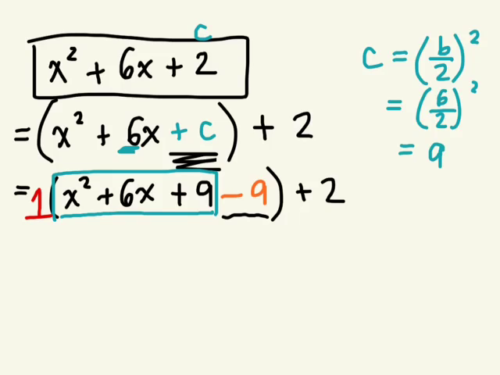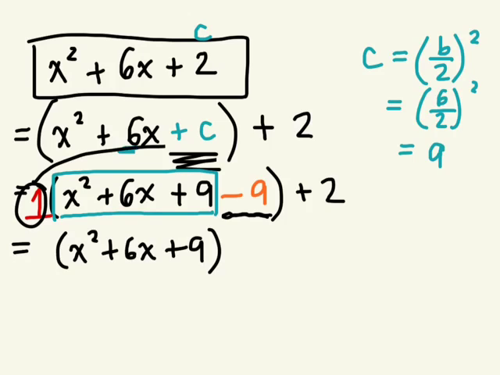I just want this x squared plus 6x plus 9 inside the bracket because that's my perfect square. To remove this minus 9, if there was a value in front of the bracket, I would have to multiply it by that. But because it's just 1, what's 1 times negative 9? So I can take it out. It's out now, negative 9, and I have my plus 2. That was there all along.